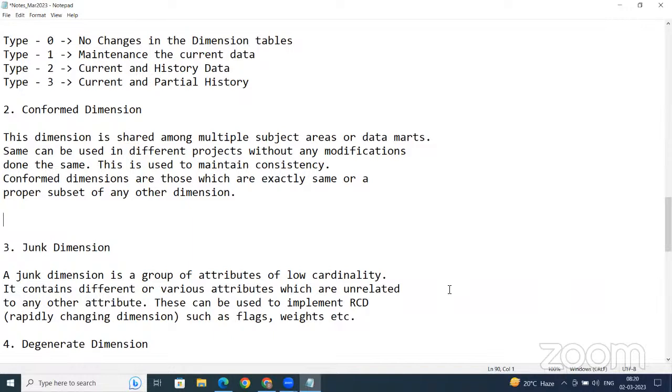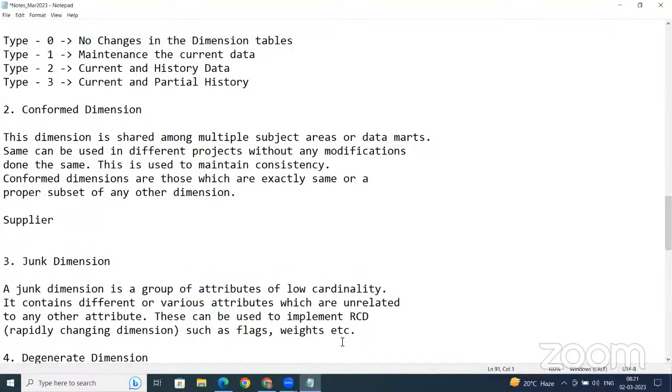So here, conformed dimensions are used across the applications. The supplier table is also used across the application, and so is geographical area. They won't write the full names; they will write SUB, SUPP, where SUPP means supplier.